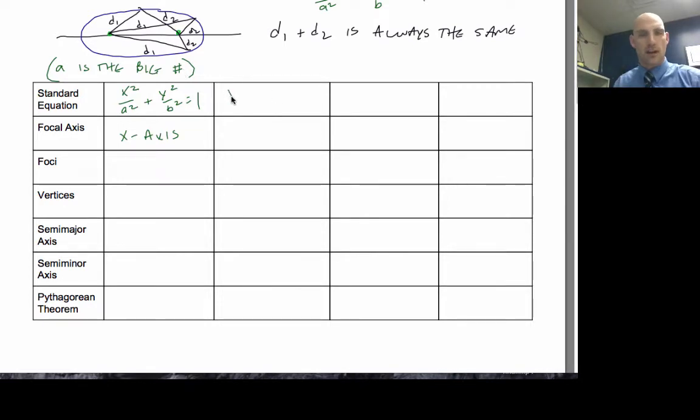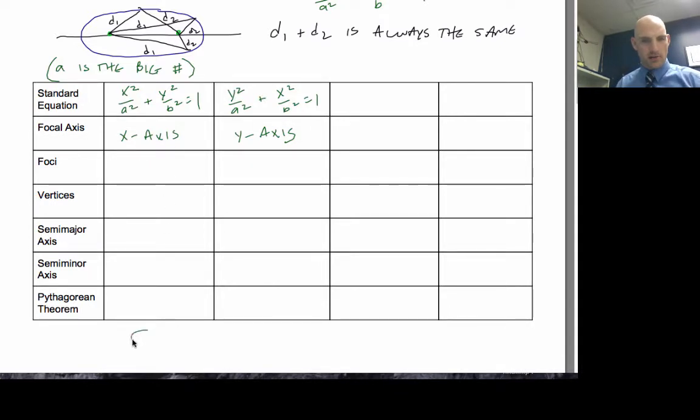The alternative would be y squared over a squared plus x squared over b squared is equal to 1, which would mean that a is the big number, the bigger number is under y, so the y-axis would be the focal axis. Let's look at this x-axis situation though.